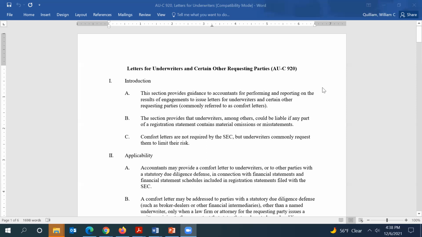The type of underwriter we'll talk about today is someone who underwrites the issuance of securities, bonds, stock, so underwriting the issuance of securities. Here's what happens under normal circumstances.